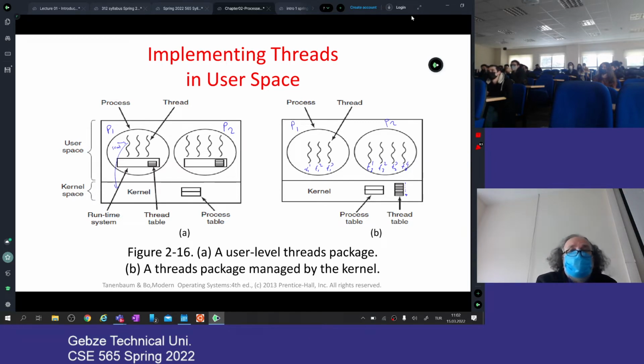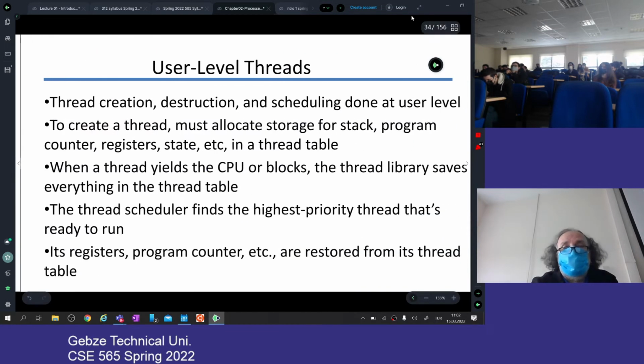So it is inefficient to have a library implemented this way, because you keep doing this context switching all the time to do anything about threads. So inefficiency, context switch time, is the main problem of this picture, kernel level threads.